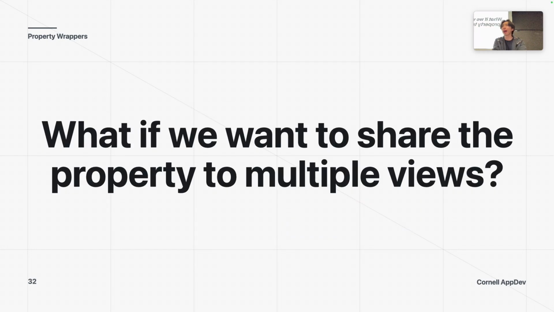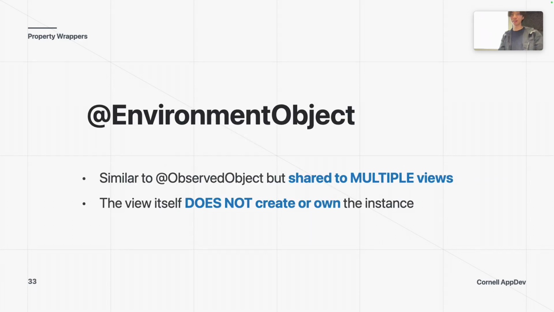Okay, now that right there was a communication between just two views, right? You have a parent view, then you have a child view. But sometimes you want to share it to multiple views. In that case, we want to use another property wrapper called @EnvironmentObject.